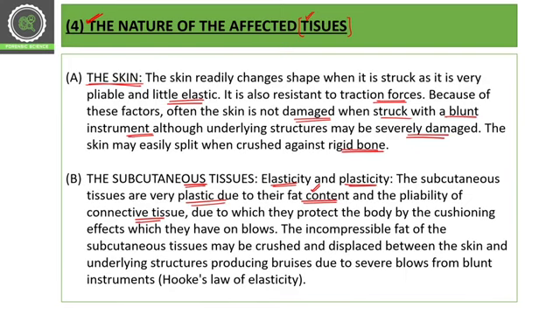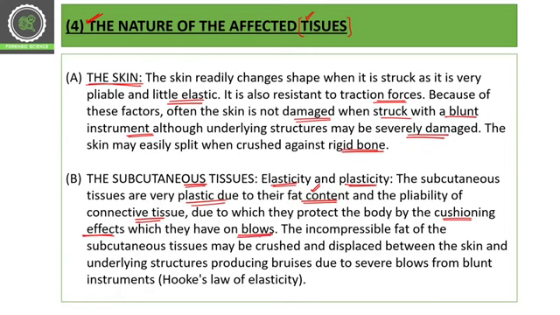That's why it is elastic and plastic, due to which they protect the body by a cushioning effect, and that's why our bones and our soft tissues are protected, because this fat content acts as a cushion, right? So it protects the underlying organs and other things.